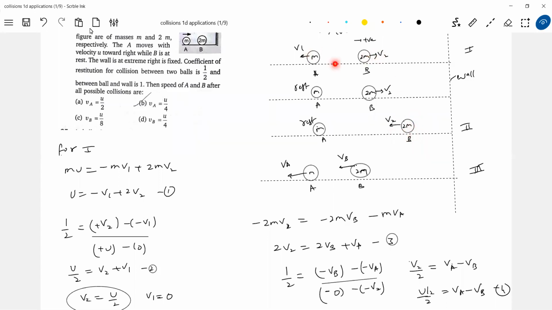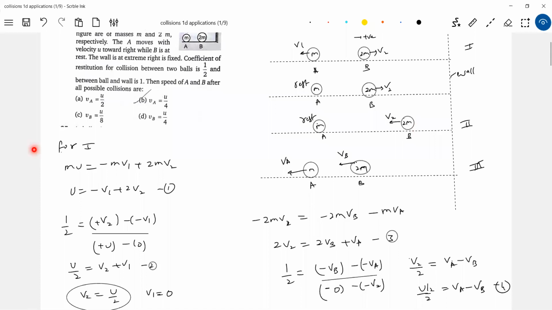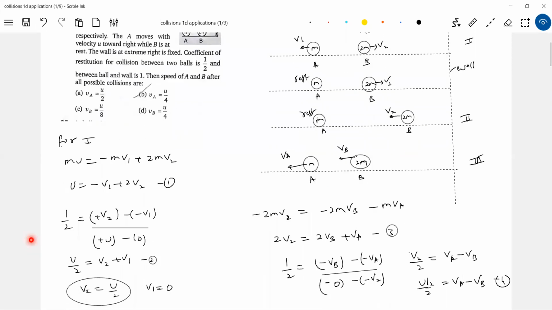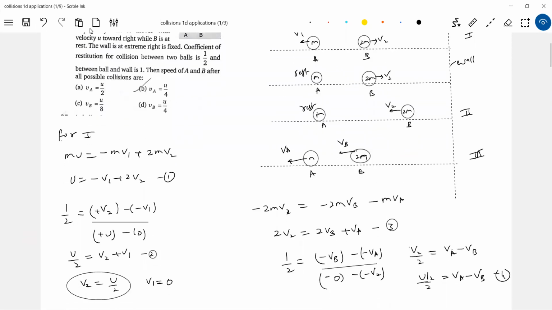That's the meaning of this question here. The rest of everything is very simple: writing the coefficient of restitution and this particular condition of linear momentum.